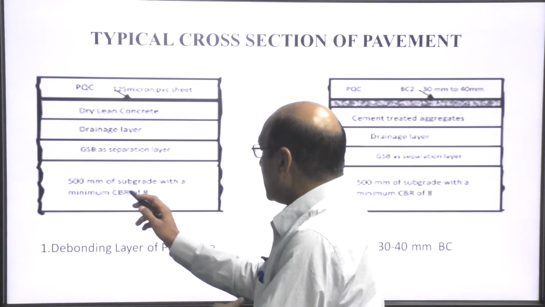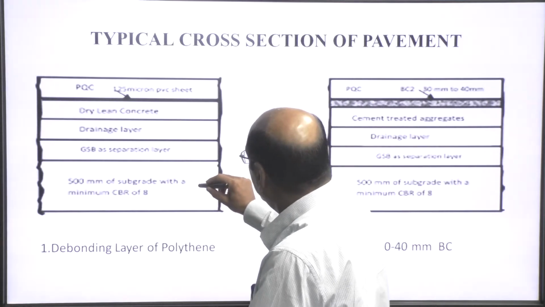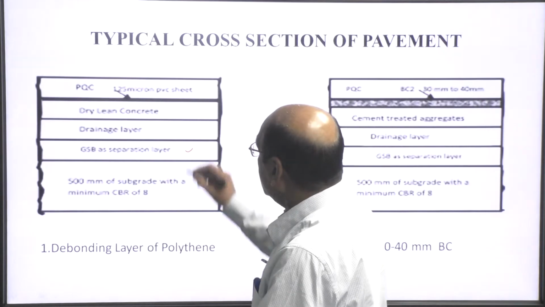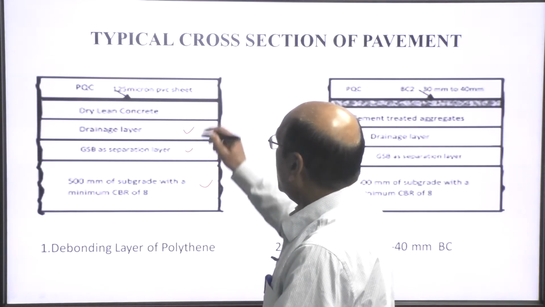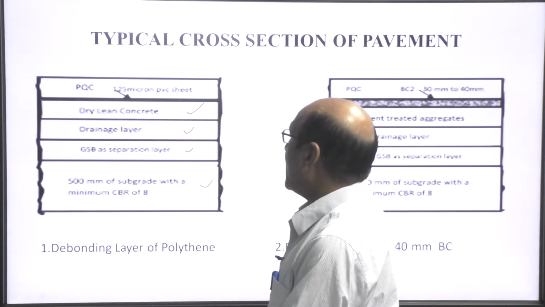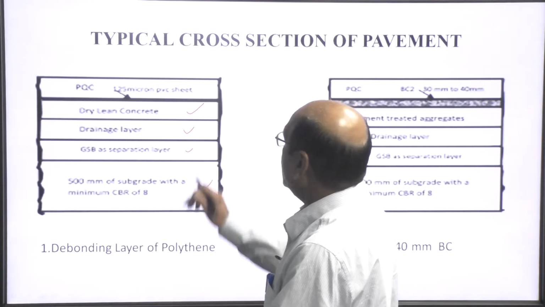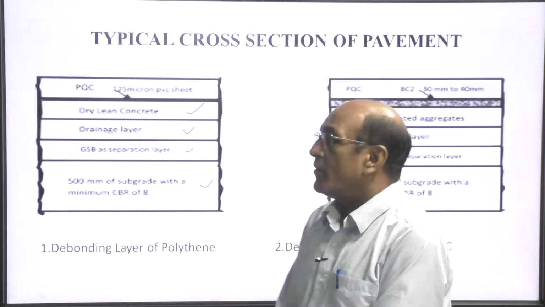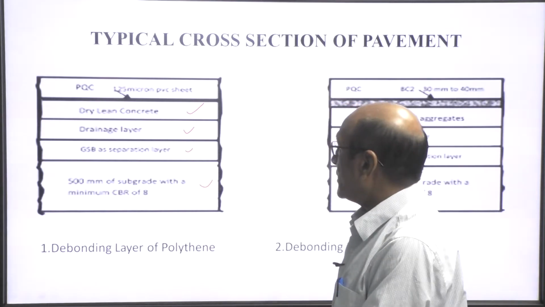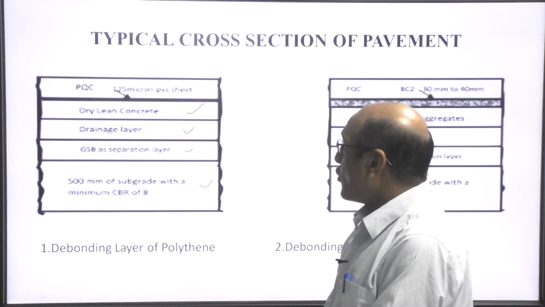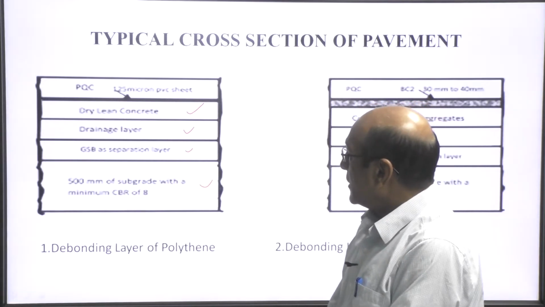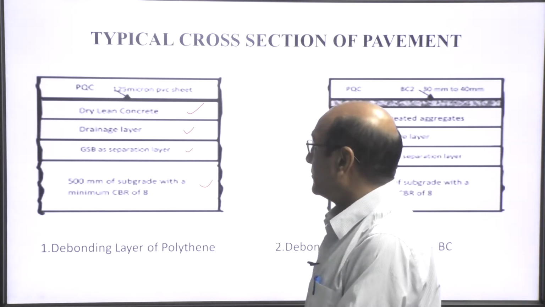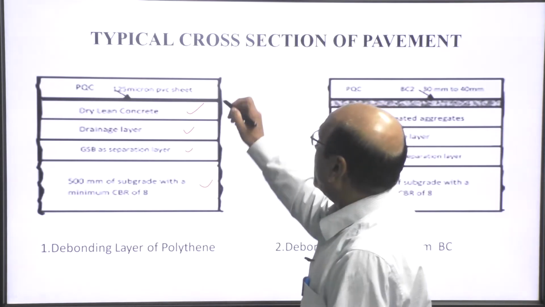This portion is subgrade, this is the GSB layer, this is the drainage layer, DLC, dry lean concrete, and there is a 125 micron thick polythene sheet for the separation of dry lean concrete and pavement quality concrete, and this is the main concrete of course.